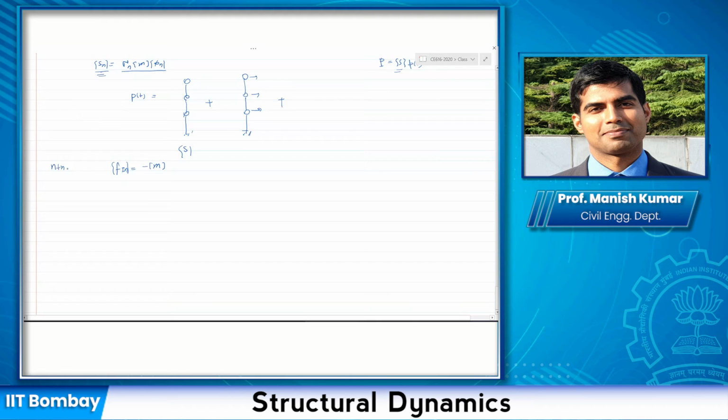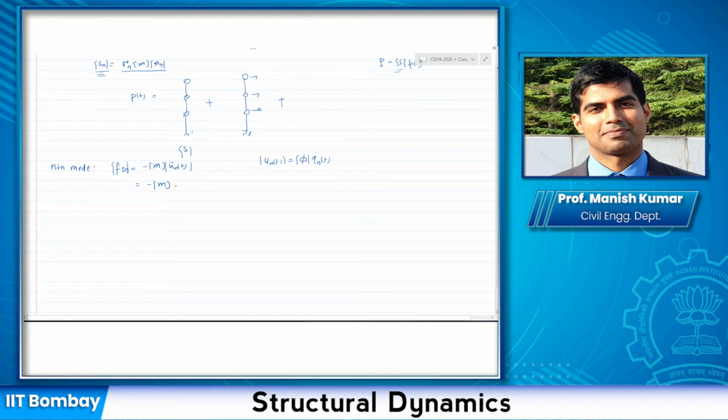The inertial force is mass times acceleration, which is u double dot n(t). Now what is u_n(t)? Remember, u_n(t) is phi n times q_n(t). So all I need to do is take the double differentiation of the time function here.